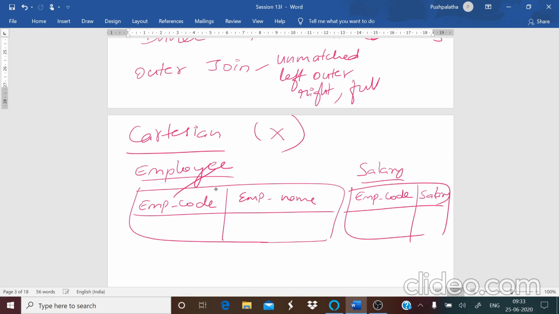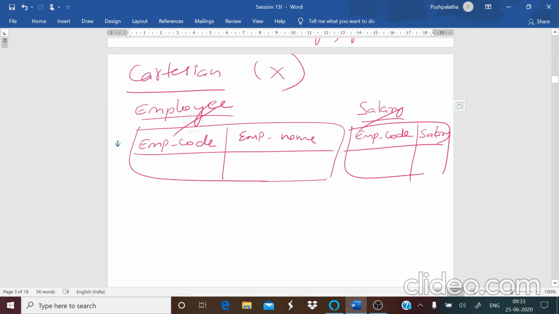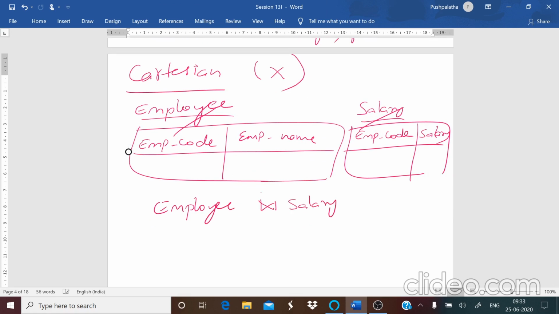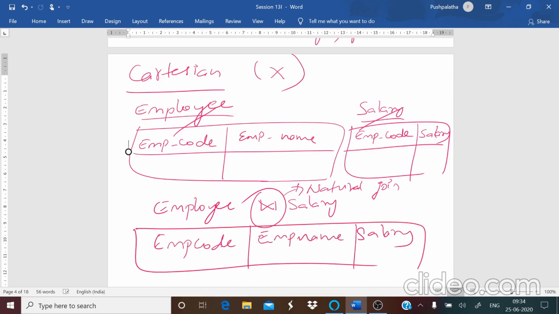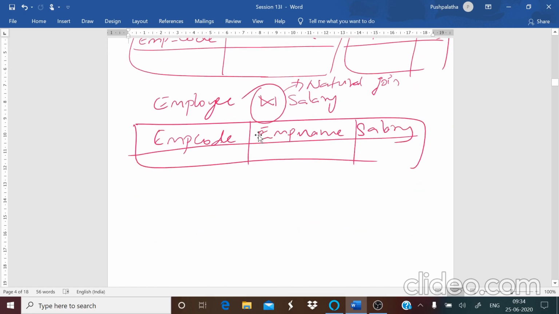So remember EMP code and EMP code in both employee and salary, you have a common attribute here. Then it works. We can say employee versus salary. This is what you mean by a natural join. This is the symbol for a natural join. Then it will give you EMP code, EMP name and salary. It will combine these three columns together and give you.